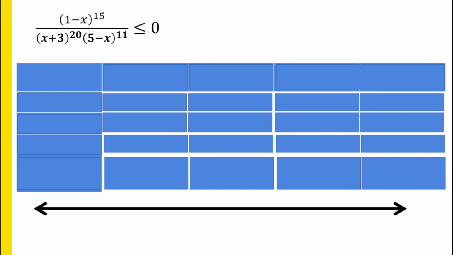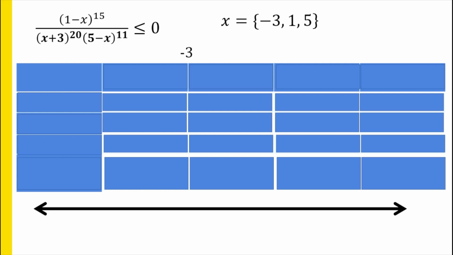For x plus 3, all the signs are positive. While here, 1 minus x and 5 minus x, we use the case. Since it's odd, 15 and 11, as their exponent, we still use the case or the strategy that we have done earlier. So in this case, we have 3 critical values again, negative 3, 1, and 5.